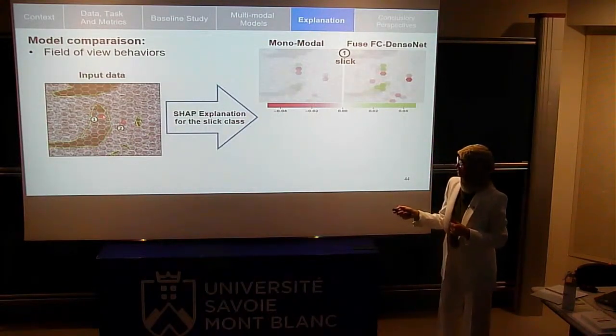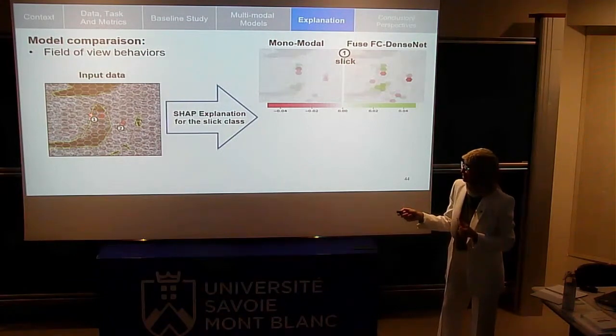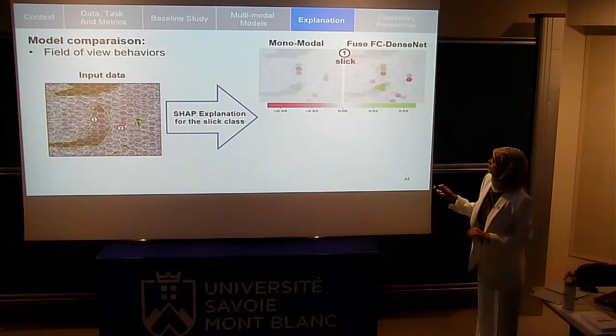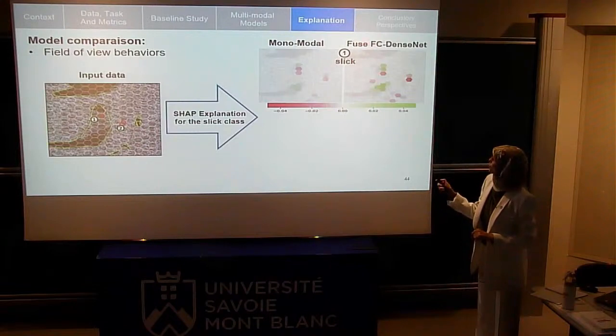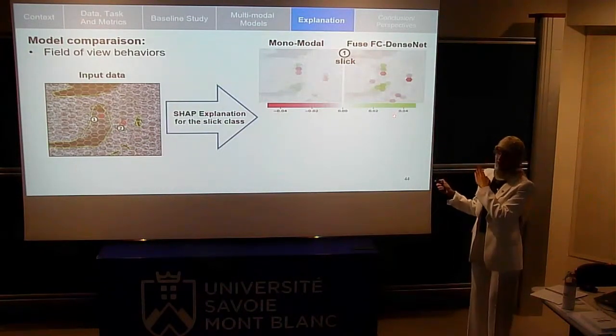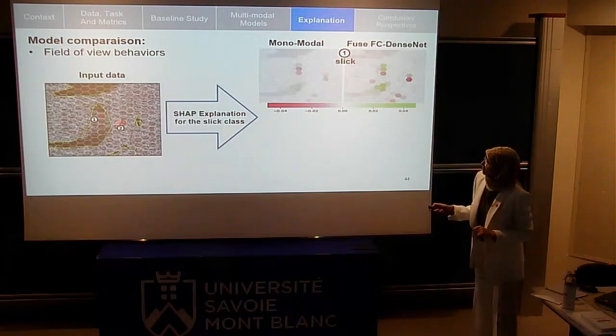The first pixel is a pixel of slick, but we can see it's not fully black, it's slick and sea. And the second pixel is a clean sea area. We are going to compare the monomodal approach, using SAR data, with the multimodal approach, using SAR and wind data. The first pixel is classified as a slick, and it is a pixel of slick.